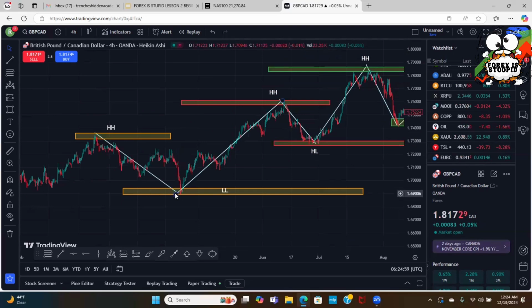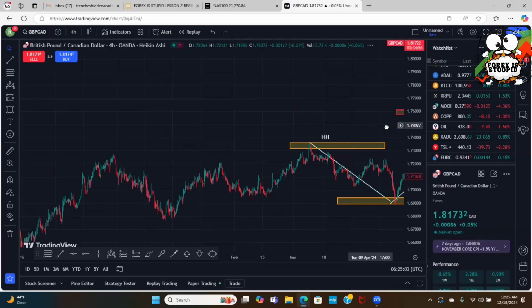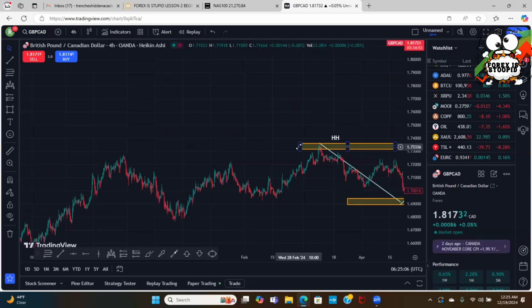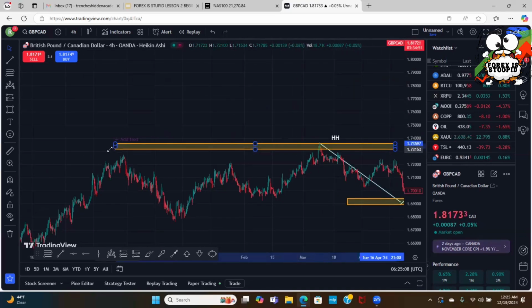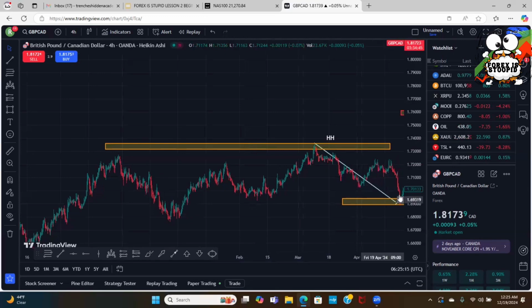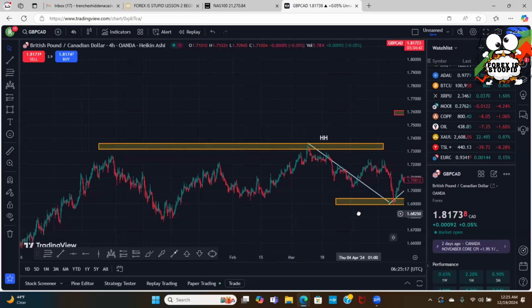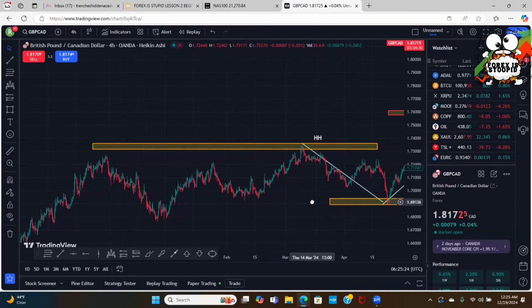If this is the trend that I'm looking at right here, and I need price to break above, is this a good level to use? Yeah, because price never broke above it before. I'm at my low, price comes back up. Boom, you can get in about right there. Set stop loss down here below the pivot, that previous low.